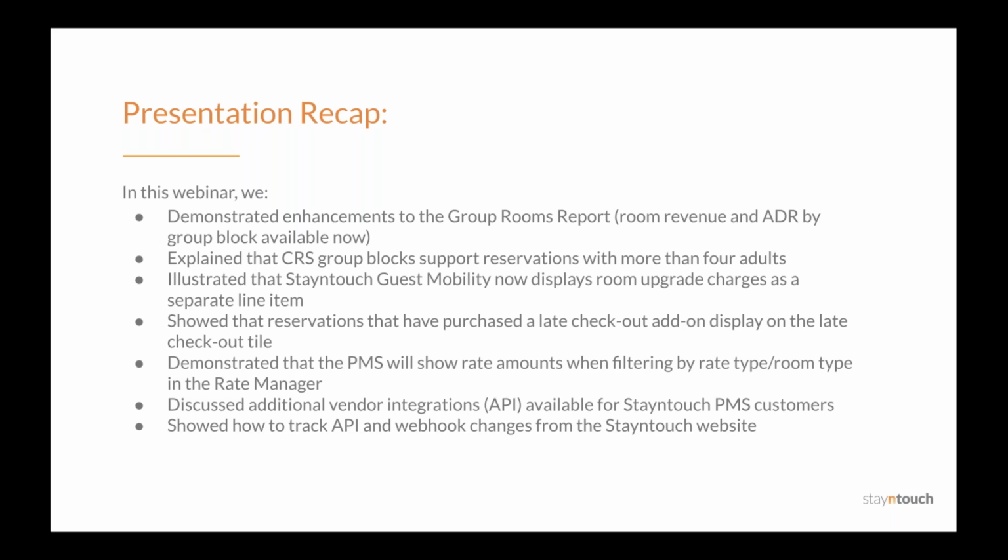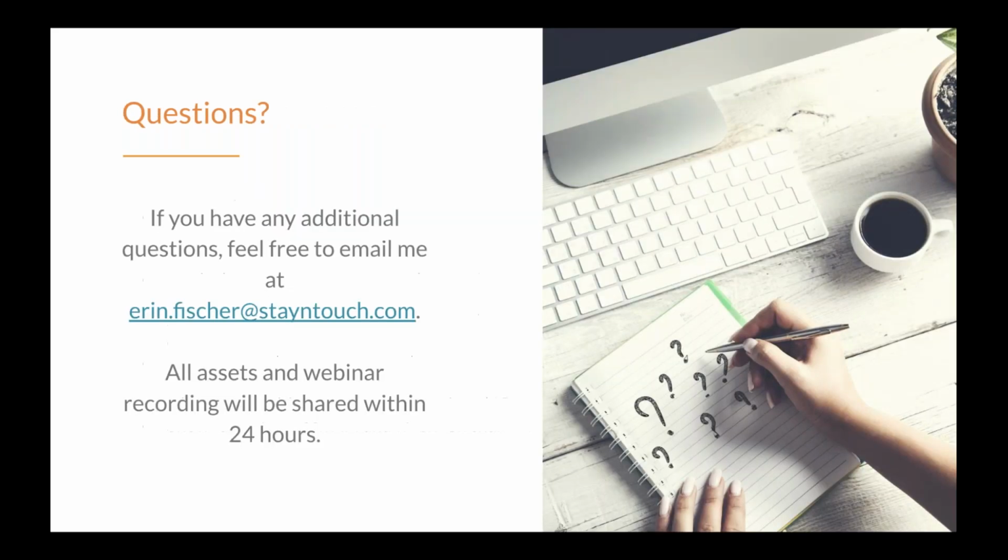Showed that reservations that have purchased a late checkout add-on display on the late checkout tile. Demonstrated that the PMS will show rate amounts when filtering by rate type or room type in the rate manager. Discussed additional vendor integrations via API available for Stayntouch PMS customers, and showed how to track API and webhook changes from the Stayntouch website.